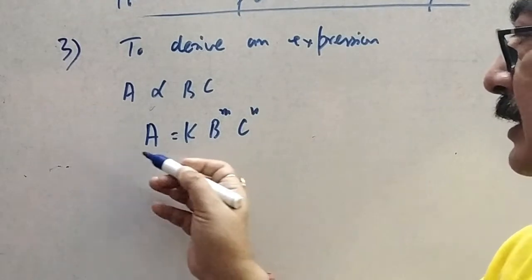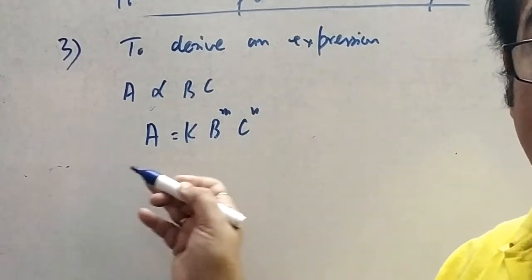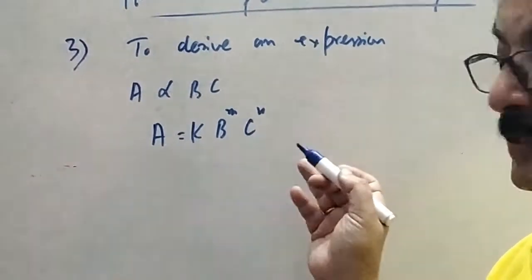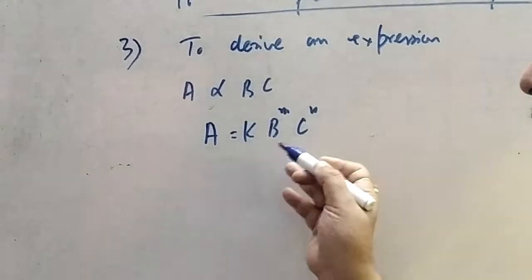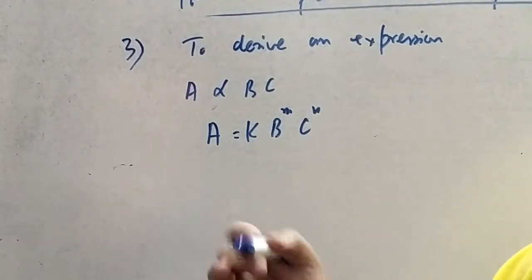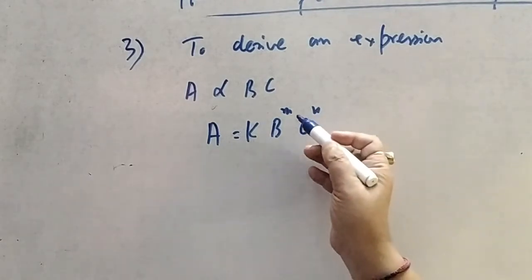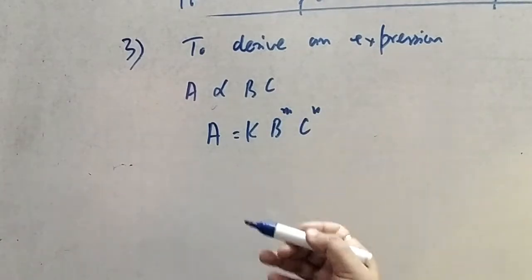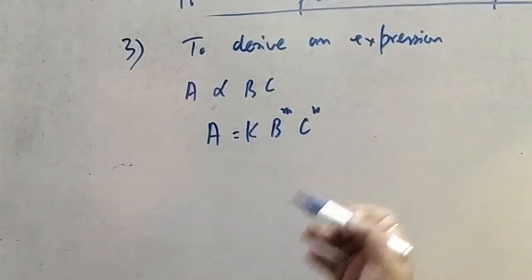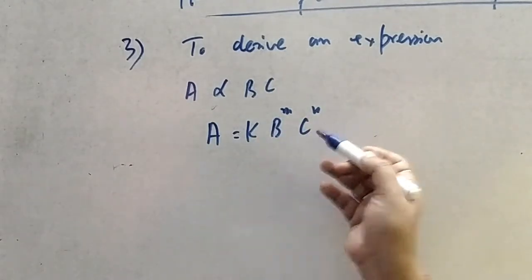Then we find the dimension of the left hand side and the dimension of the right hand side. Once we get these dimensions, we again use the principle of homogeneity to get the values of m and n, and finally we get the approximate expression or relationship between A, B and C.